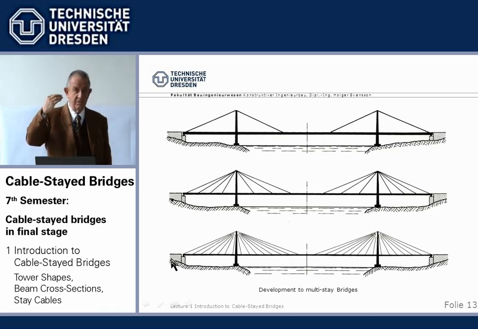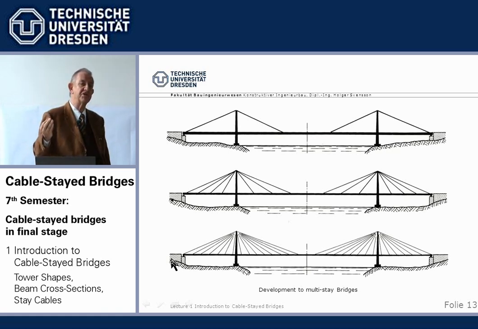So, from single individual cables over several with distances of say 40, 50 meters at the beam, to multi-stays with distances in the range of 10 meters at the beam.